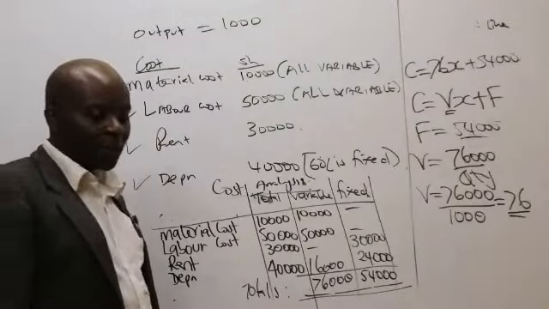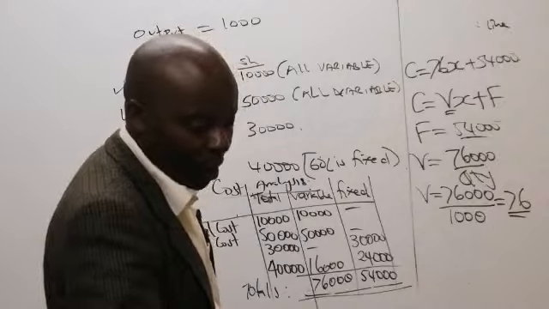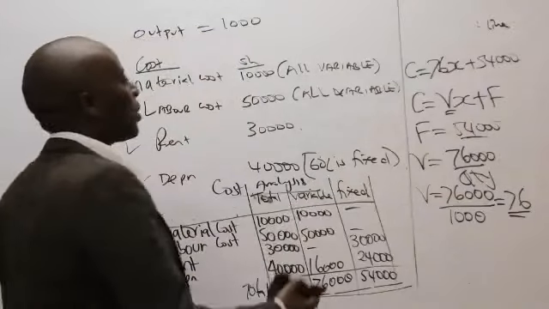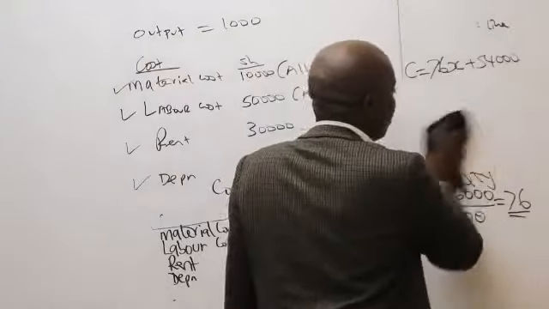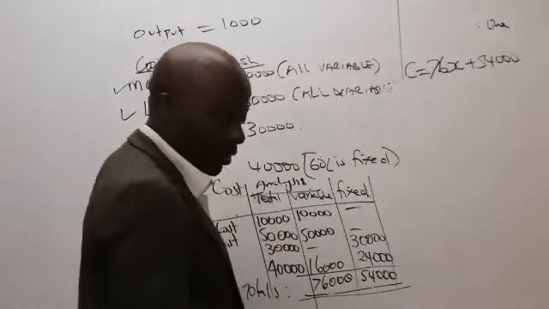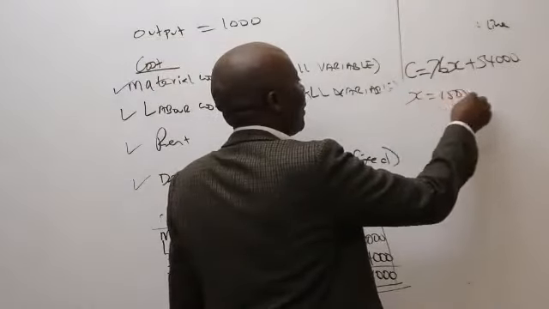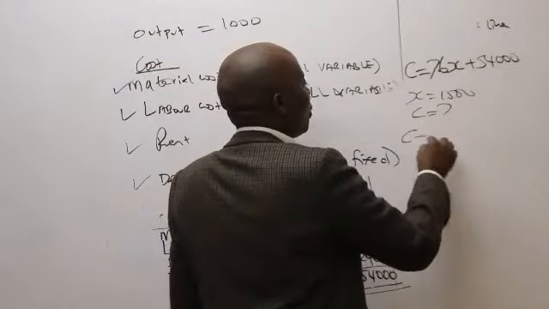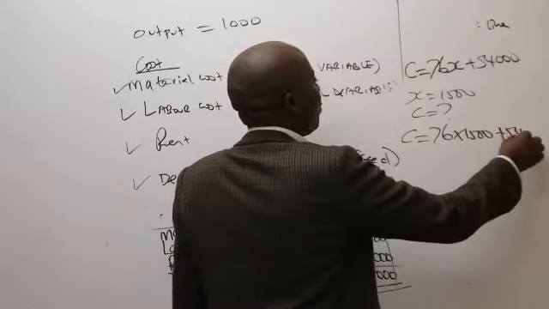I'll ask myself this simple question: what will be the total cost when X is 1,500? My total cost will be 76 times 1,500 plus 54,000.